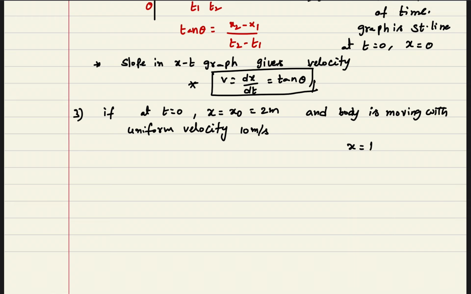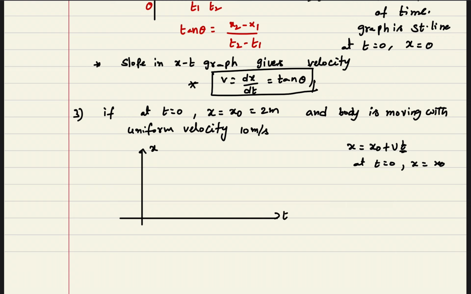Now, if you draw the graph, x is equal to initial x naught plus velocity into time. The graph is the first power of time only, but at t equal to 0, x is equal to x naught. So the graph is similar to the above case, but the difference is that in the x-t graph, it is not passing through the origin.